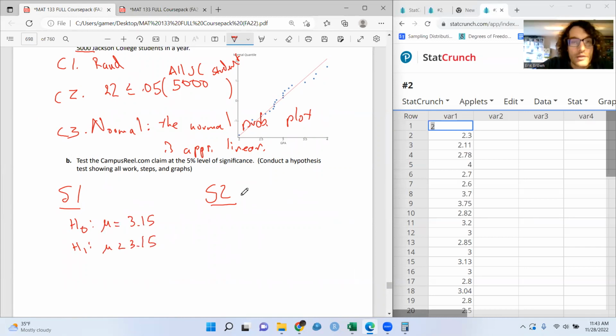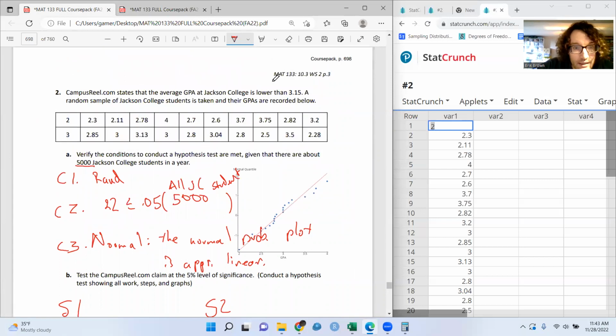I just want to highlight the word that gave us less than, right here, lower than, if anyone's wondering where we got that, and here's the 3.15. Now, how did we know this was the parameter? It's the only mean given, right? We don't have a sample mean because we're going to calculate it from this data set. And we don't have a sample standard deviation, but we're going to calculate it using the data set.